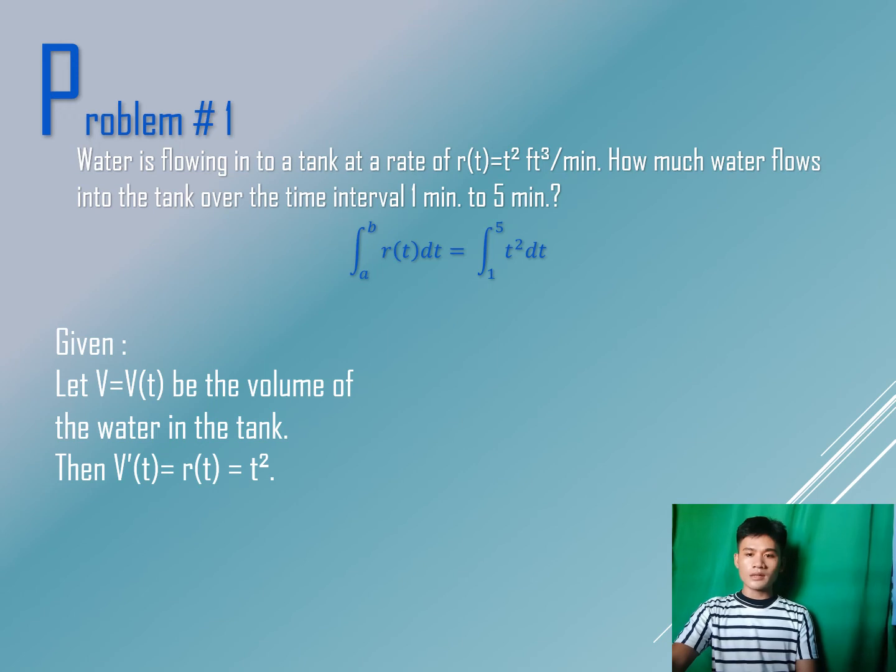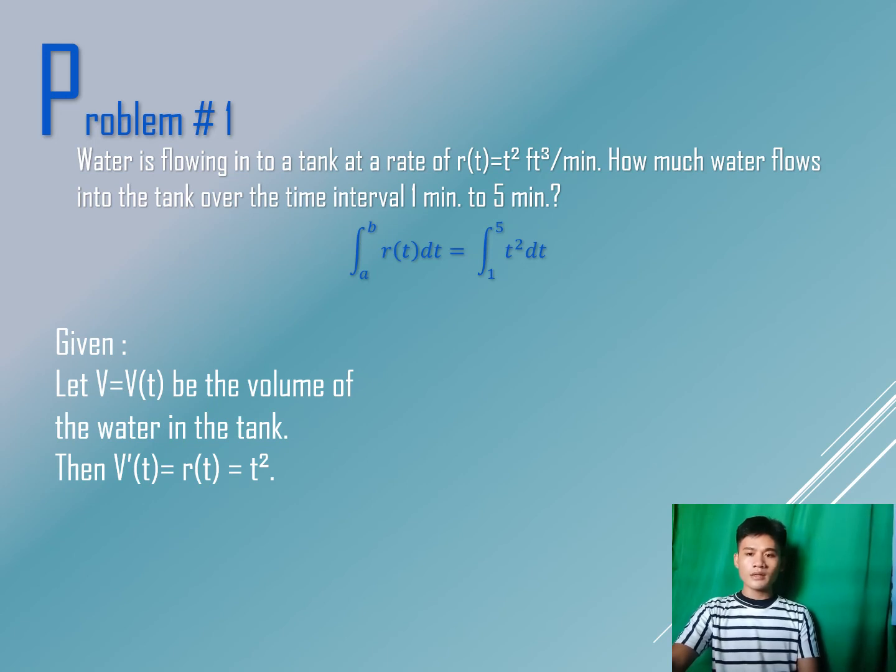We have the integral of r of t dt evaluated from a to b, and the time interval has 1 as the lower limit and 5 minutes as the upper limit. So we simply substitute those values as a and b.